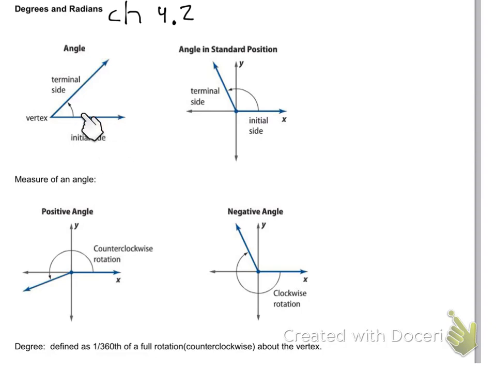That initial side is where we start. And when we rotate an angle, it's always counterclockwise, going up to our terminal side. Terminal side is where you stop your angle. And they are connected at the vertex. So an angle, guys, is just a rotation about a vertex or a fixed point.